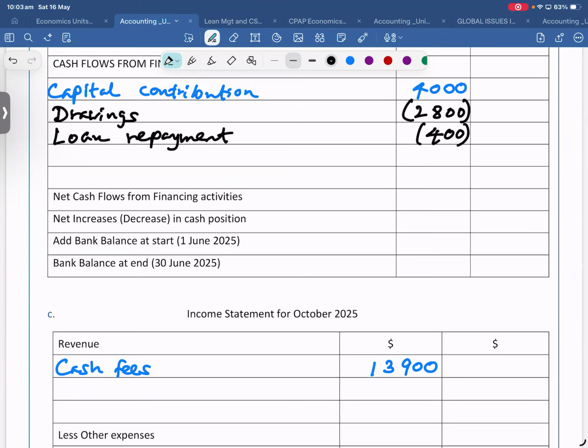So GST paid, is this anything to do with the owner? No. It is something that we have collected on behalf of the ATO. We can't put that money in our pocket, so we have to pay it.